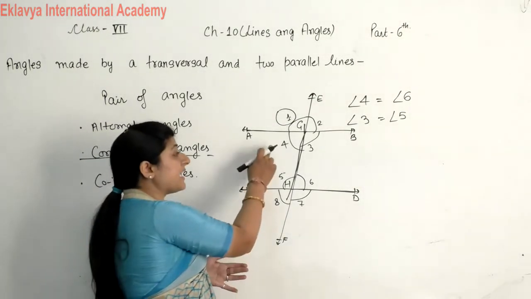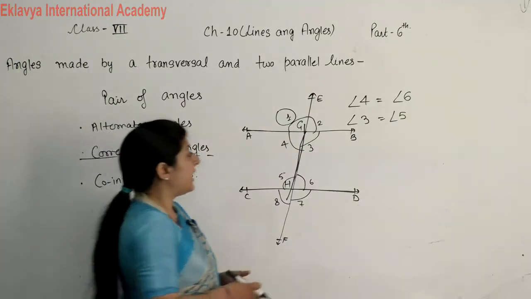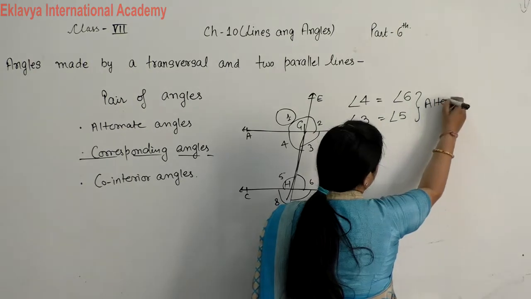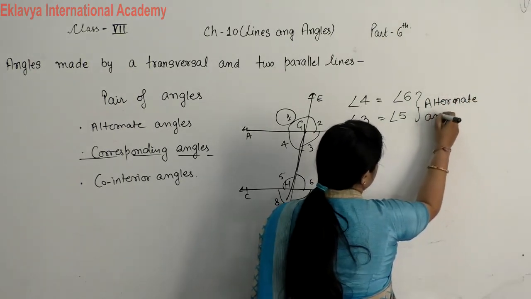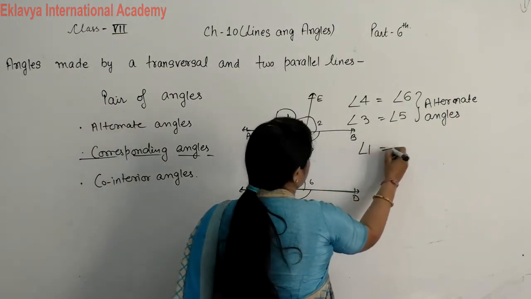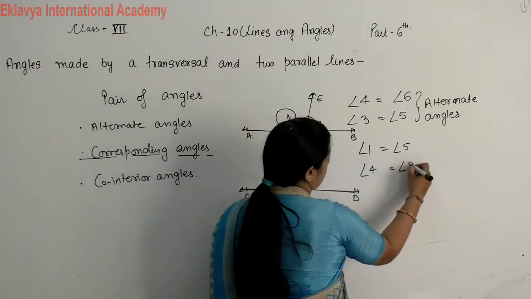Or if one line is interior, then the other line is exterior. The relation is 1 with 5, 4 with 8.